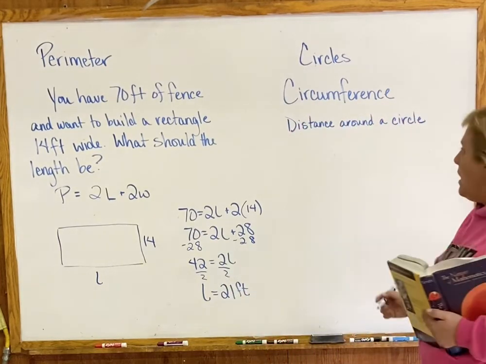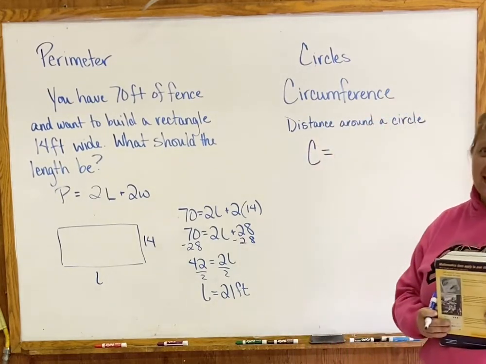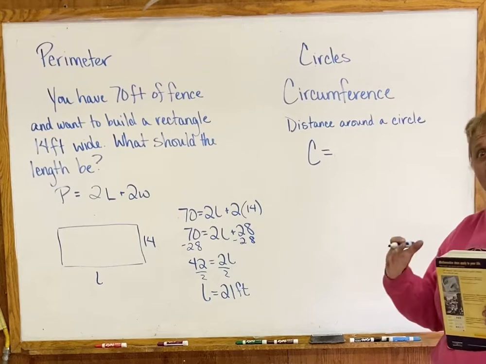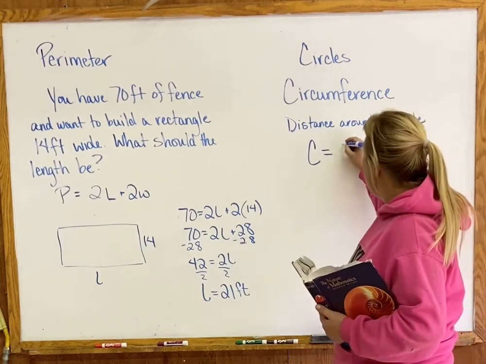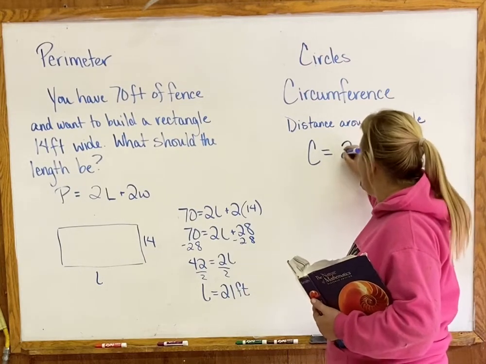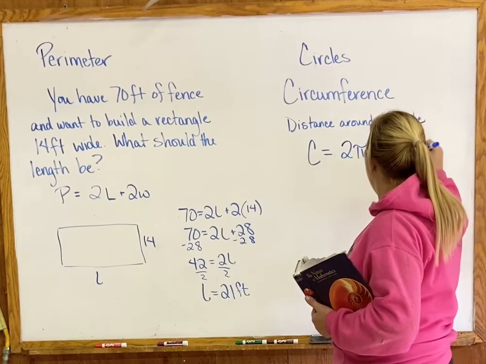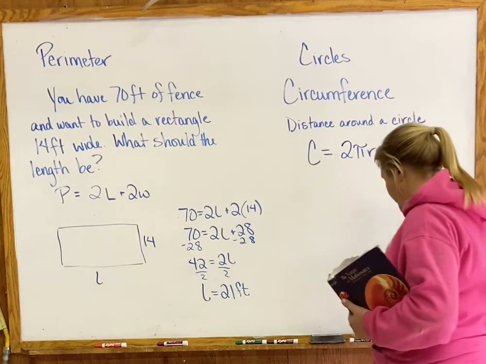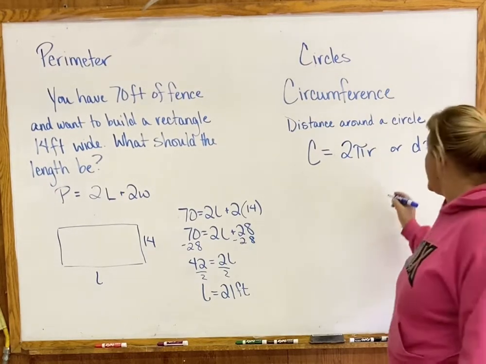And circumference does have a formula. It's not just adding sides together because a circle doesn't really have sides. So circumference will go with C, and circumference is found by taking, there's two ways to write it, either 2 pi r or d pi. Where r stands for your radius and d stands for your diameter.